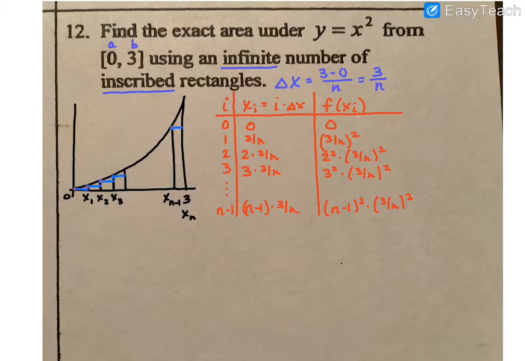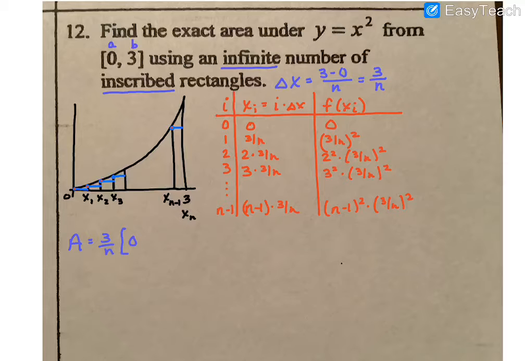Okay, so now in order to set up our equation to find the area, we need to write out our formula. Remember, it is delta x times the sum of your f of x sub i's. So delta x is the 3 over n times the sum of your f of x sub i's, so that right column.